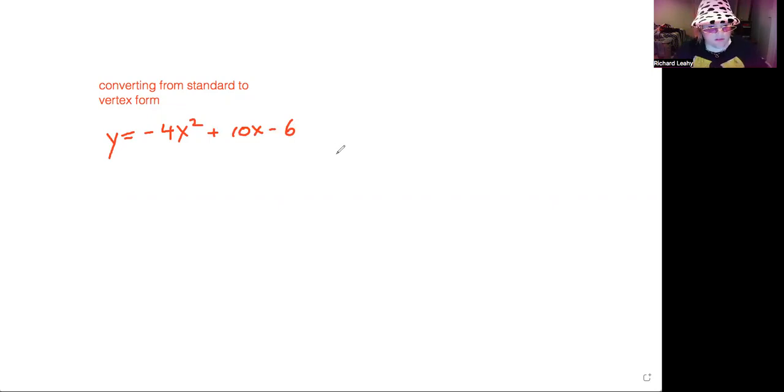Say I had this. As I said before, you can find your vertex using axis of symmetry and all that stuff. But let's see if we can manipulate it algebraically. So I want the x squared by itself. So I'm going to factor out this -4.